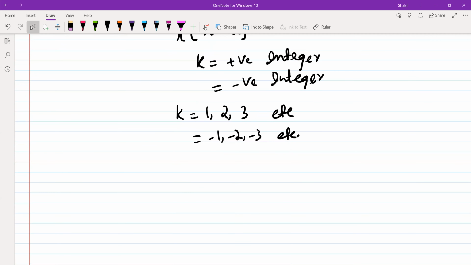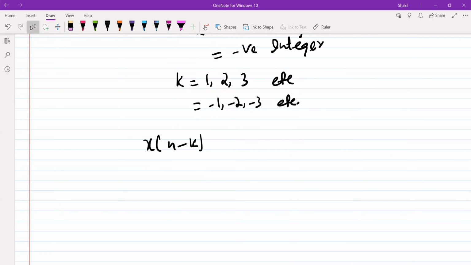So accordingly, our goal is to see if we put k plus or minus, whether the signal will be shifted to the right or left, when do we call this a time delay operation, and when do we call this time shifting operation a time advance operation. Let's learn that.